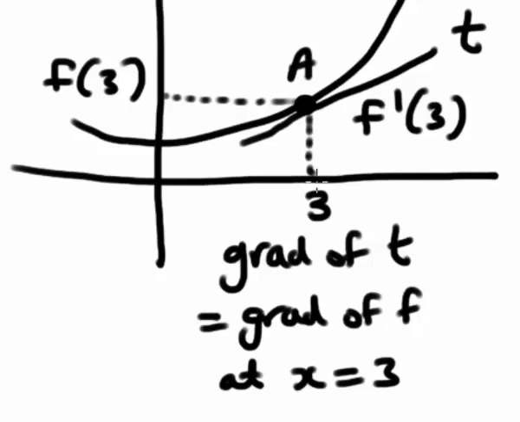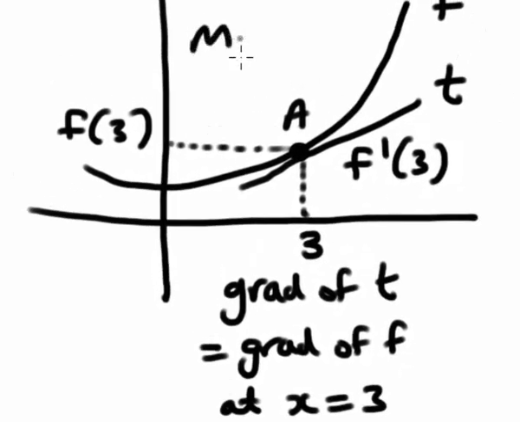So please be aware that the gradient of the tangent is the gradient of the curve at that point A. The f of x is the y value, but f prime 3 with a little line there is the gradient of the tangent to the curve at that point A, which is the gradient of the curve itself.